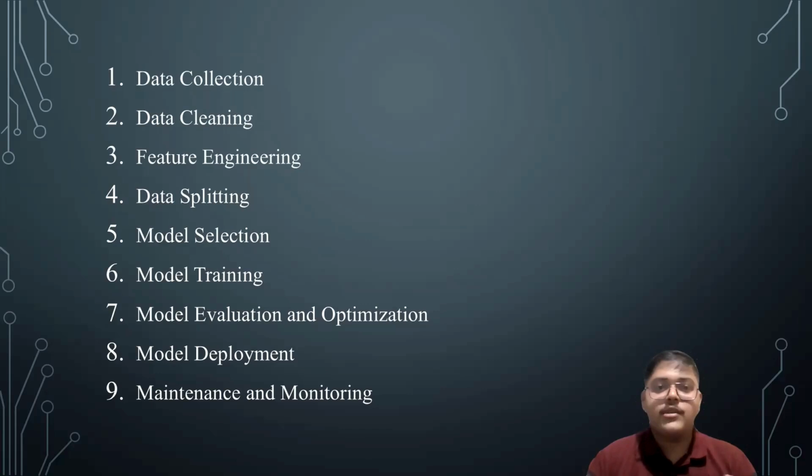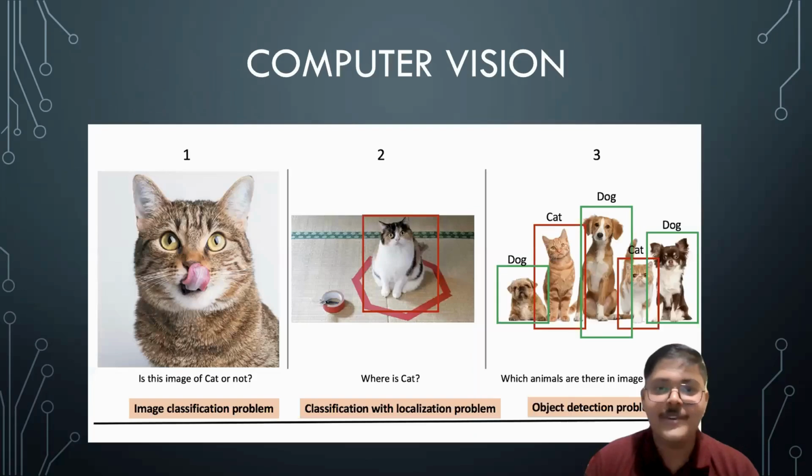Now, I'll tell you some of the applications of machine learning which can help increase your curiosity in learning it. The first one is computer vision. You all know that we use our phone to capture images. And one more important thing is in Google Photos.